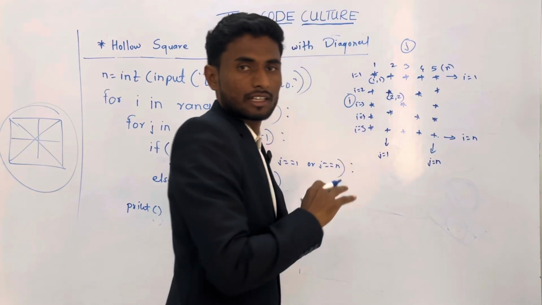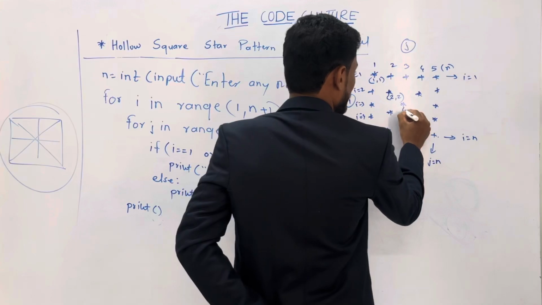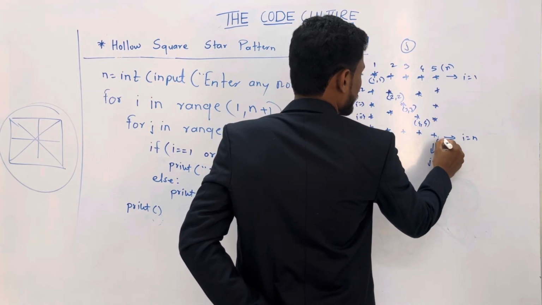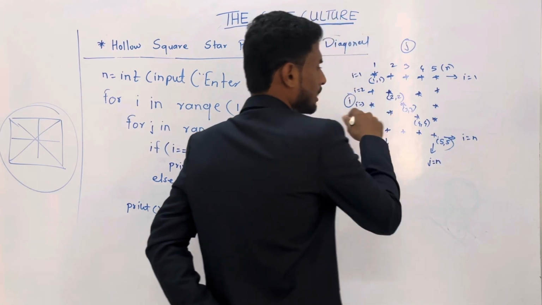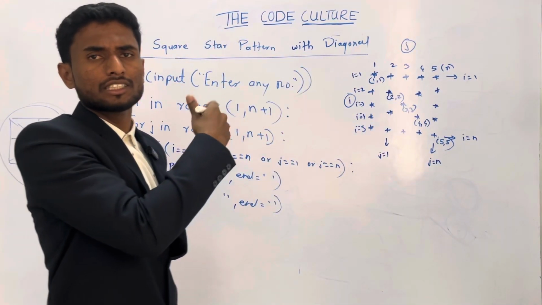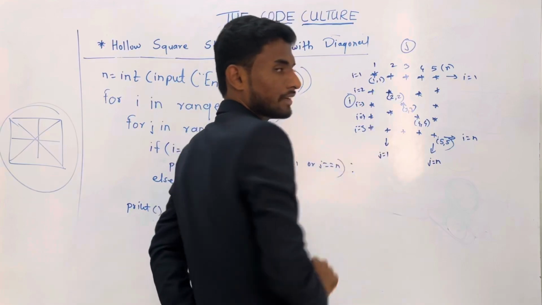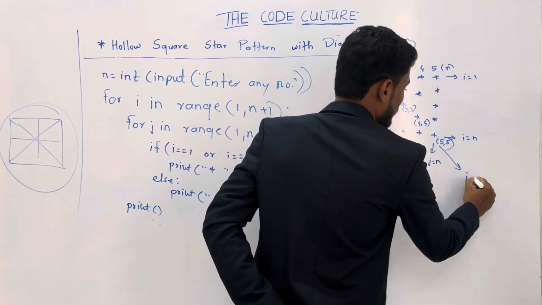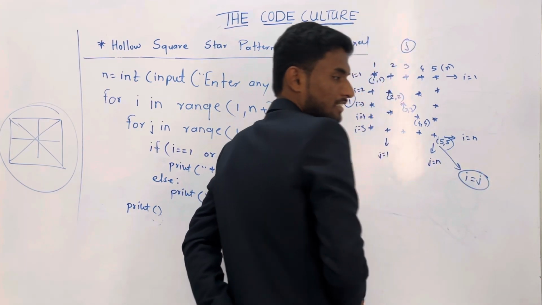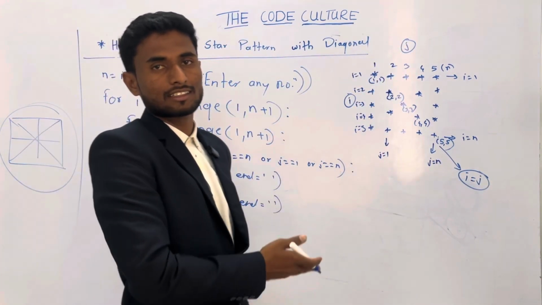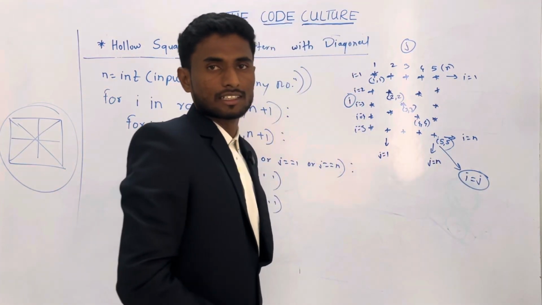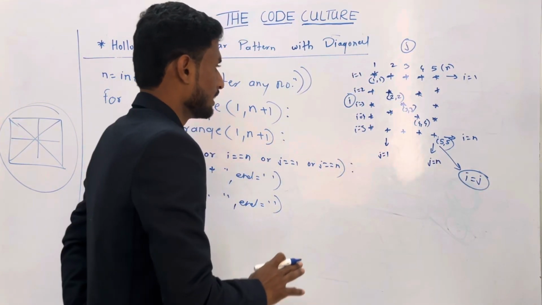Here the i value is 2 and the j value is 2. Next star, i value 3, j value 3, i value 4, j value 4, similarly 5 and 5. Just by looking at these coordinates, we can judge that both the i and j values are the same. So we can directly write the equation for this as i equals j.